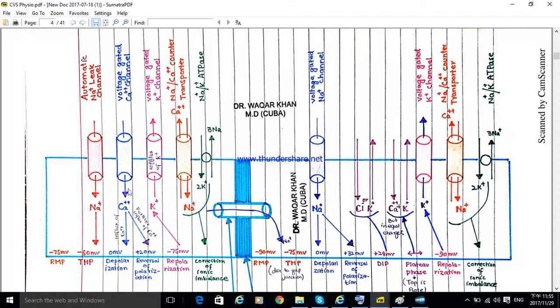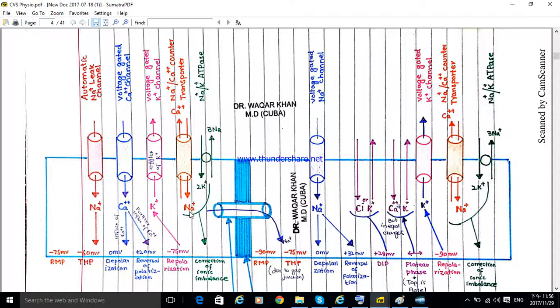As we have seen here, there is calcium influx. To lose some calcium, to make the efflux of calcium, we have the sodium calcium counter transporter. It will take the calcium outside and move the sodium inside. In this way we do the correction of ionic imbalance.